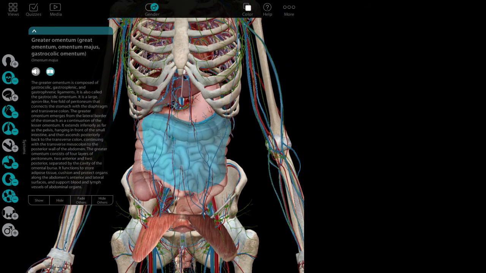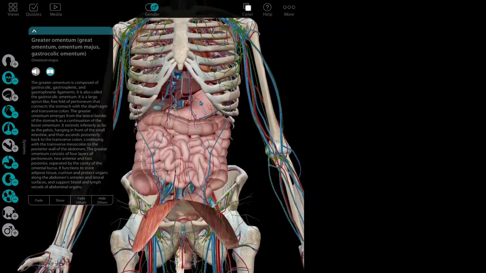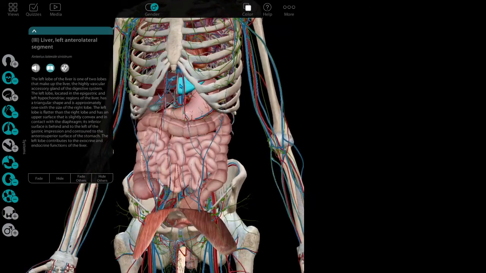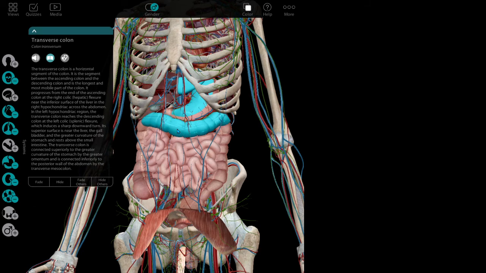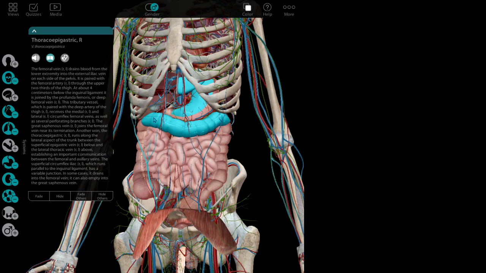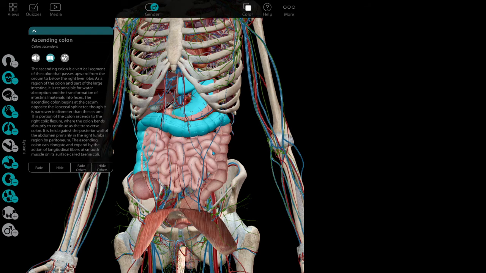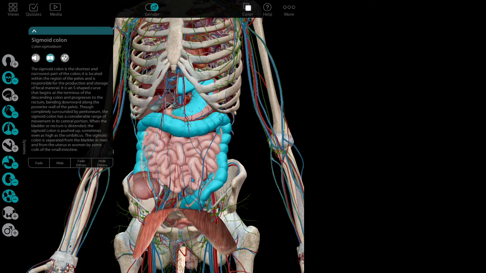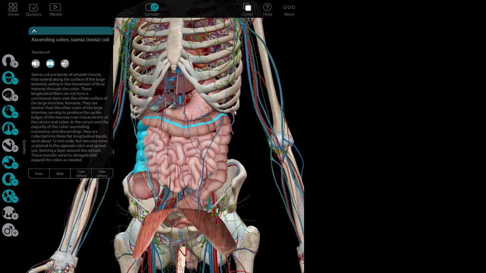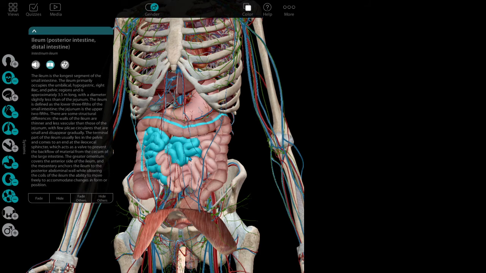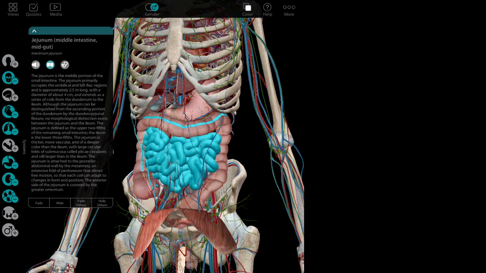So inana siya. So if we hide that, so these are now your internal organs in the abdominal cavity. You have your liver, stomach, large intestine, no? Kana siya. May transverse colon, ascending, descending, sigmoid. Then you have your small intestine, no?